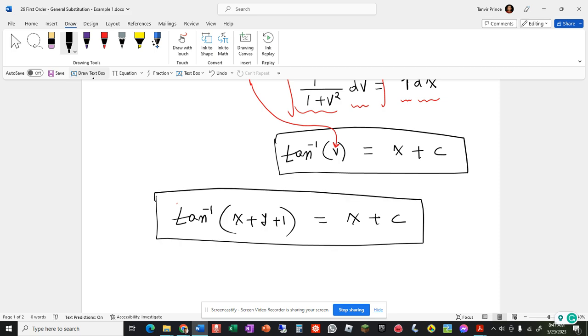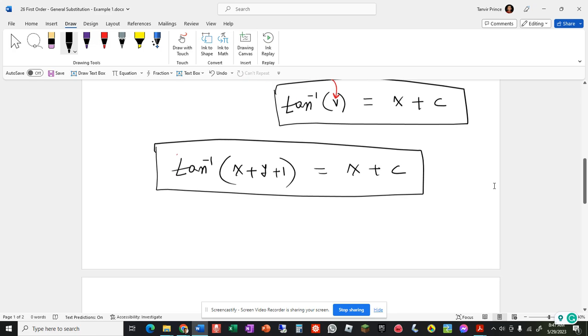Can we make it explicit? Yes, in this case you can take the tangent of both sides. Then tan and tan inverse will cancel each other. Those are inverse functions, so when you compose, you get the identity function.